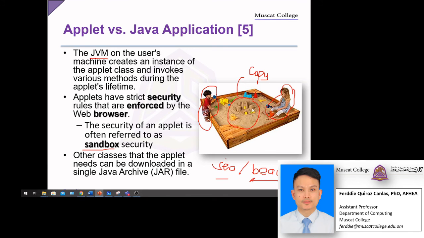So we run the application within the context of the JVM, the Java virtual machine, and each instance of the applet can invoke various methods during the applet's lifetime, again inside the Java virtual machine.